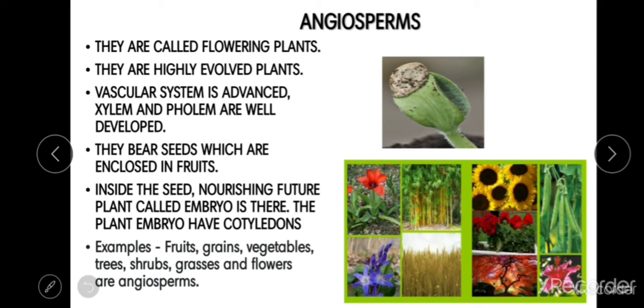Angio means covered, sperma means seed. So basically their seeds are covered inside the ovary or fruit, which we will see and learn shortly.